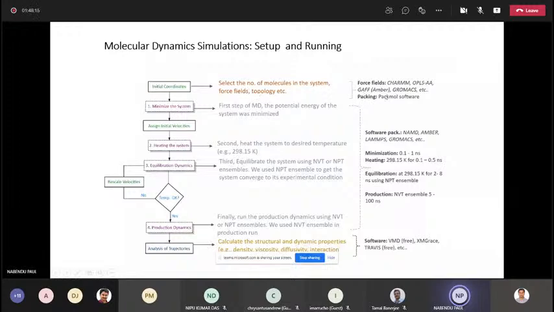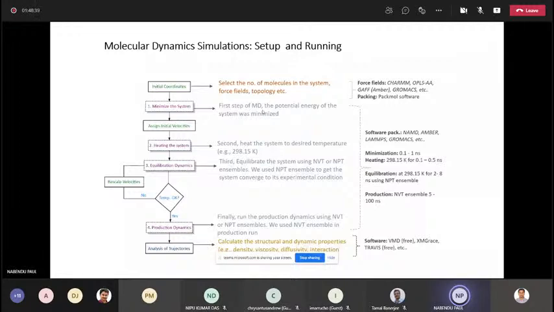After that, we use PackMol software for packing the systems. After that, we go to the MD steps, the first one being the minimization step. Here we minimize the potential energy of the system, giving 0 Kelvin as the temperature to bring the potential energy to a minimum.